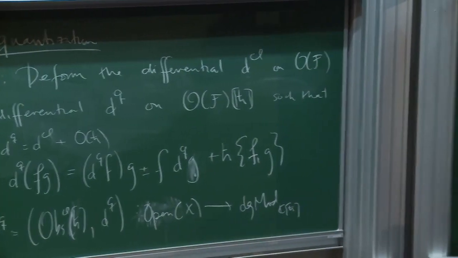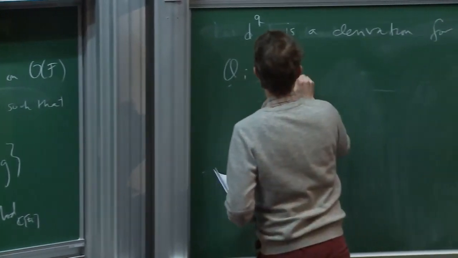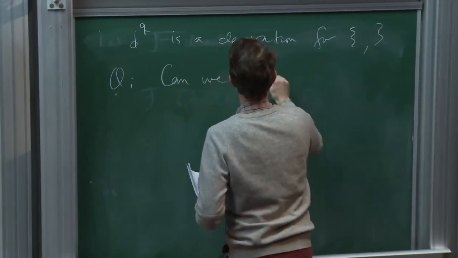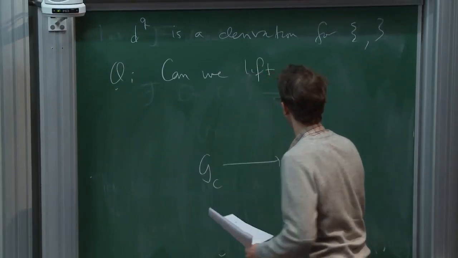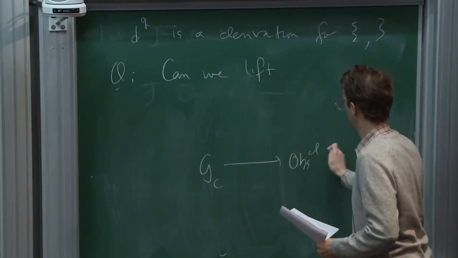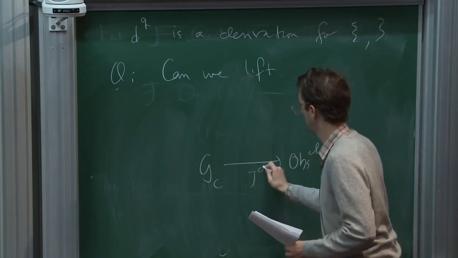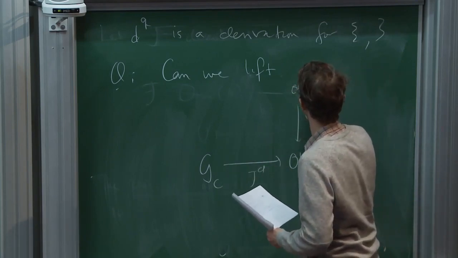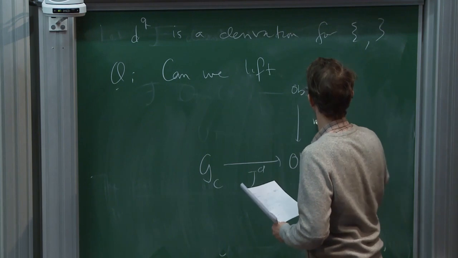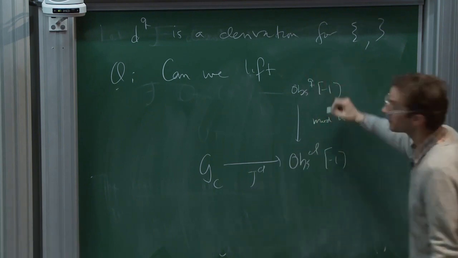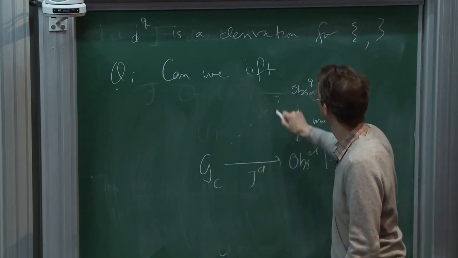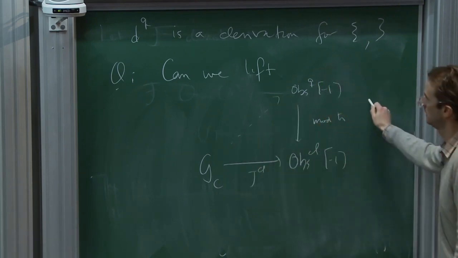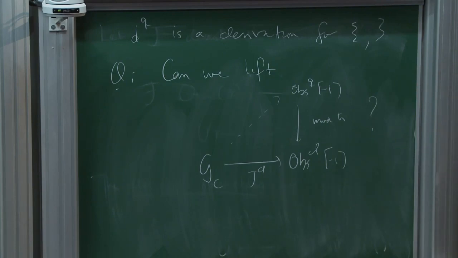So the kind of question you can ask is, can we lift this map here? This mod h-bar map is a map of DG Lie algebras, and you can ask whether you can lift. Okay, it's about quantizing the symmetries.